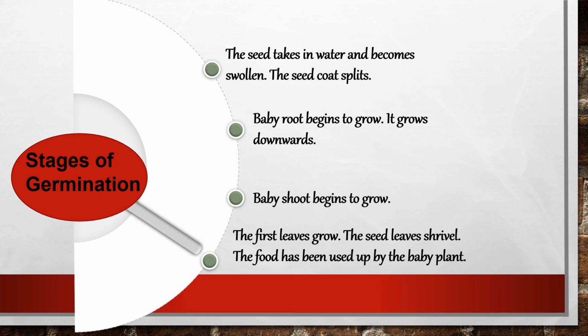The seed leaves shrivel and the food has been used up by the baby plant to grow the leaves. Now we have a complete plant made up of the roots and the shoot system. And one of the parts of the shoot system is the leaves.